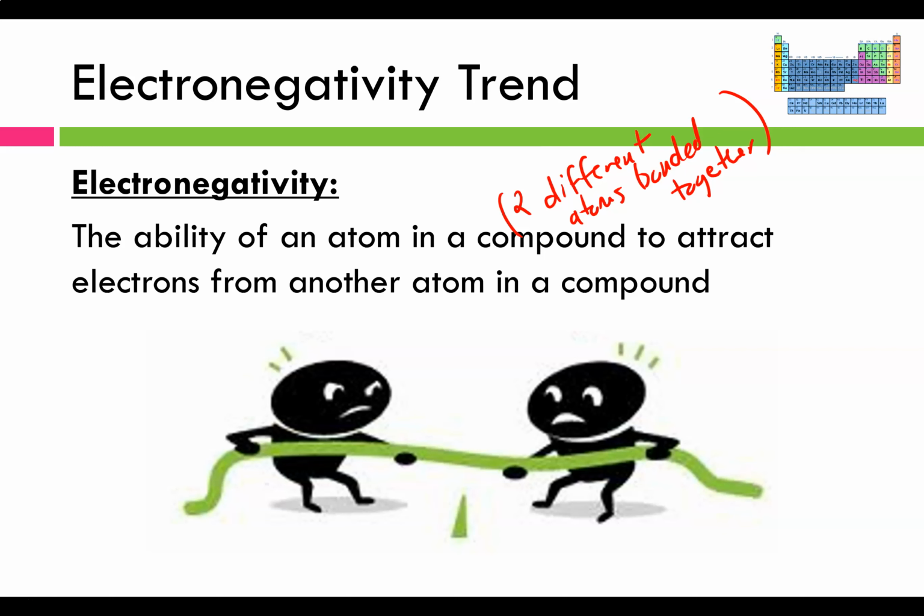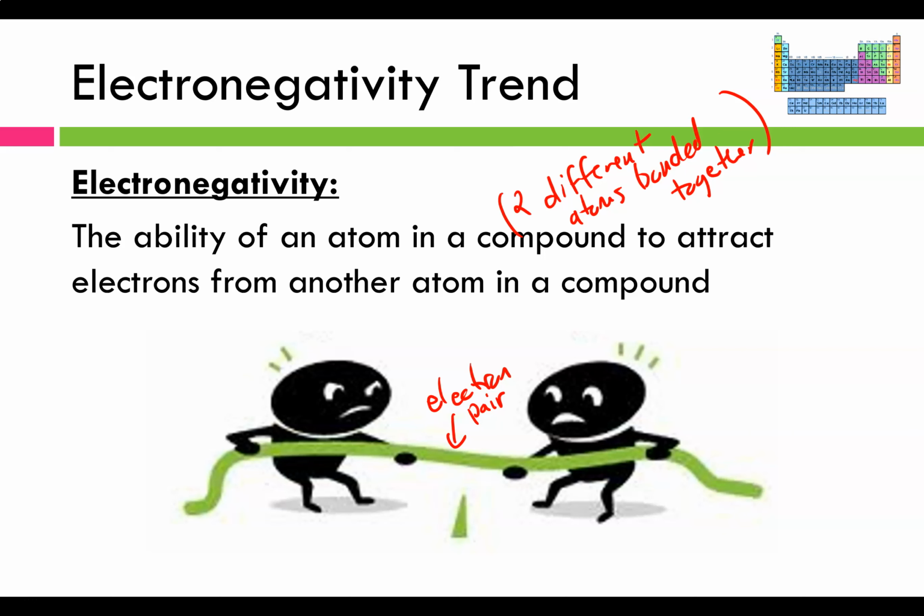So you have two atoms bonded to one another, and who is winning this tug of war over a pair of electrons? We know that our nonmetals are better at doing this than our metals. Metals tend not to attract electrons. They tend to lose electrons.